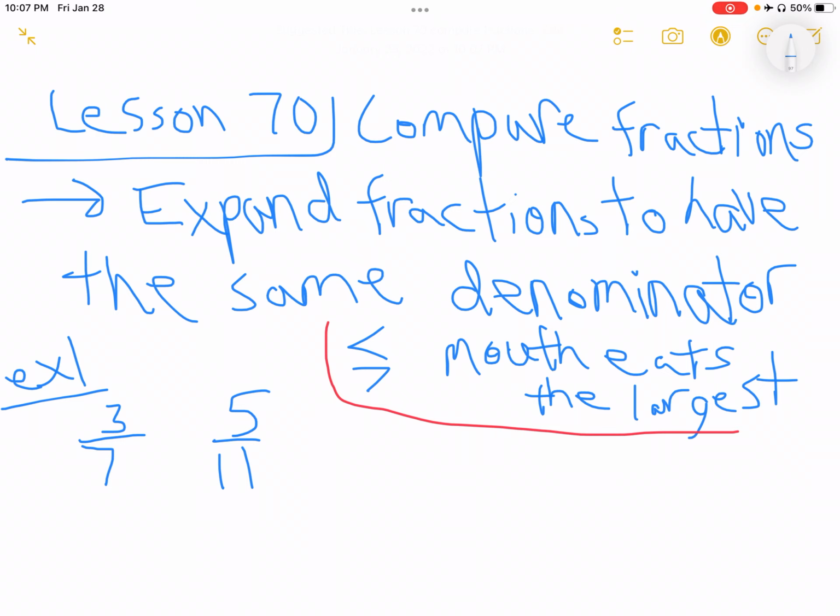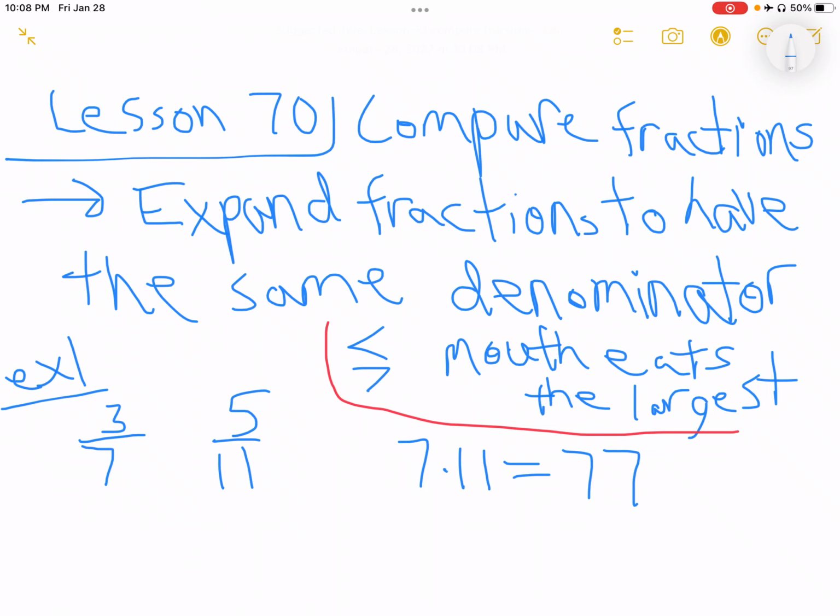So 22, 33, 44, and well, I'll tell you one trick is you can just multiply the denominators together if you want to. And so if you do 7 times 11, you guys probably know you get 77, right?